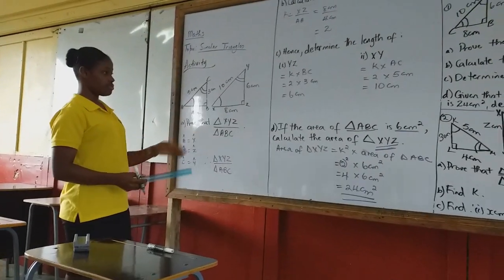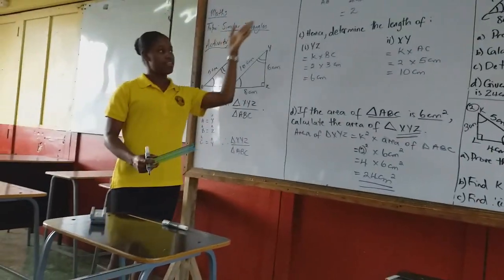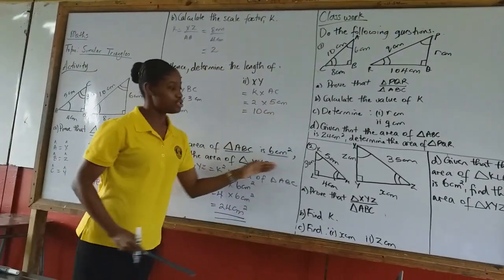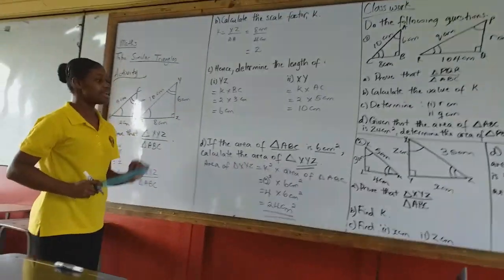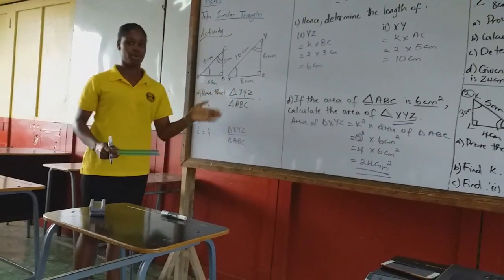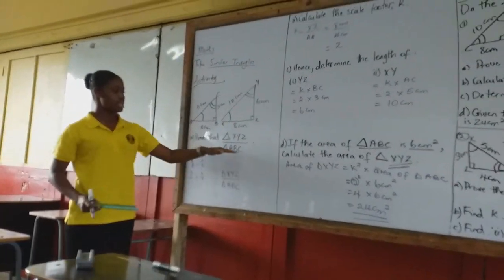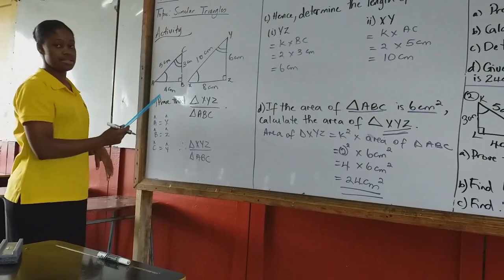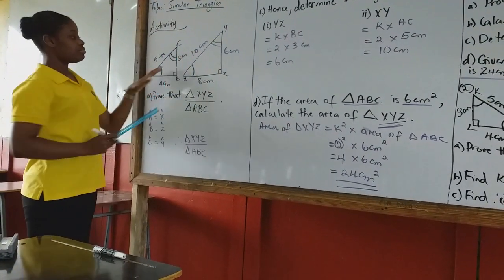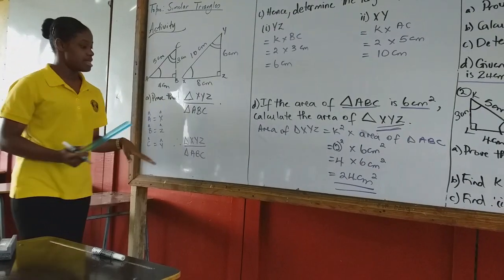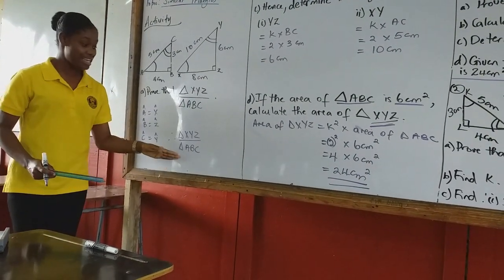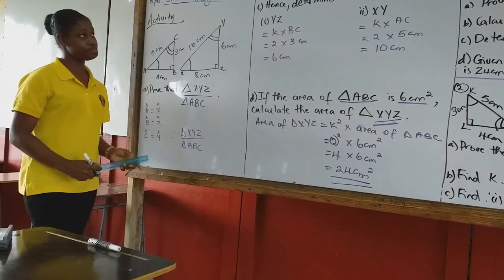Let's just go through one more time, and then to my right, you have 2 questions that you are going to do on your own. Let's just recap what we just did. To prove that the triangles are similar, we have to look at the corresponding angles. If all angles in both triangles correspond, then we can state that triangle XYZ is similar to triangle ABC.